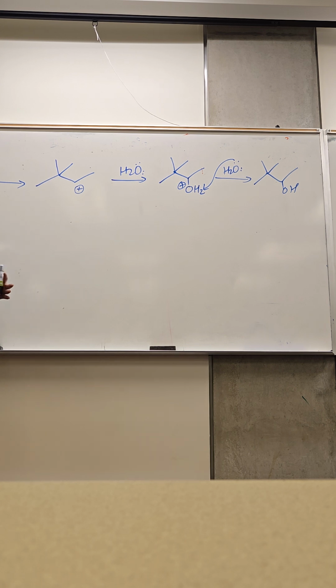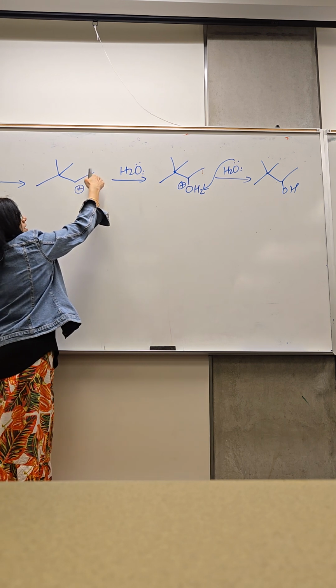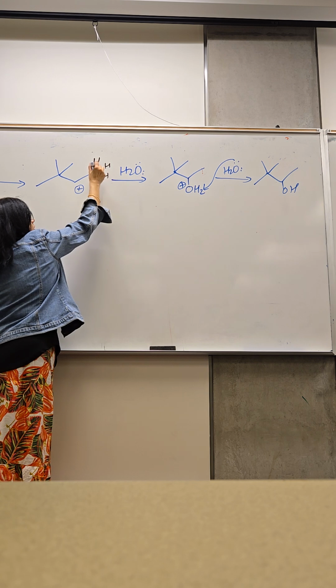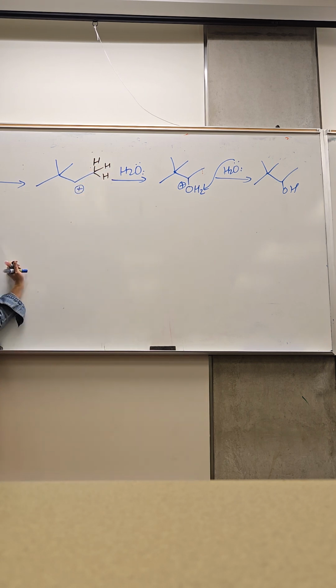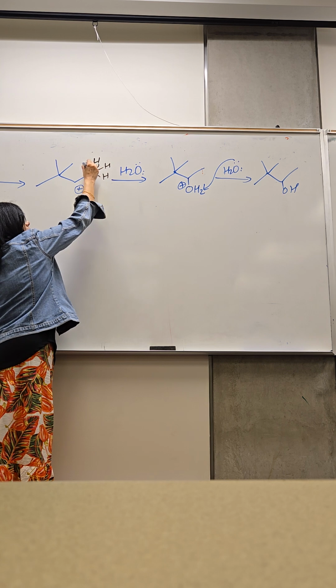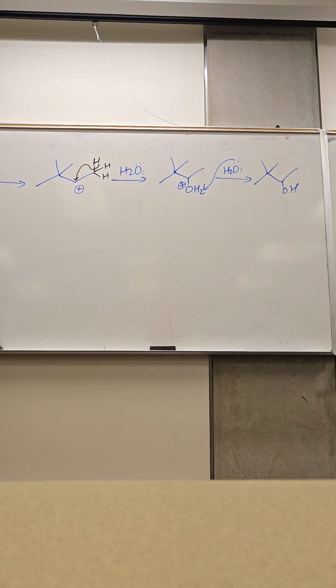Let me show you two options. Are there hydrogens on that carbon? Yes. So either one of these hydrogens, with the electrons, as a hydride, moves here. Please notice the curve of the curved arrow. What does that create?